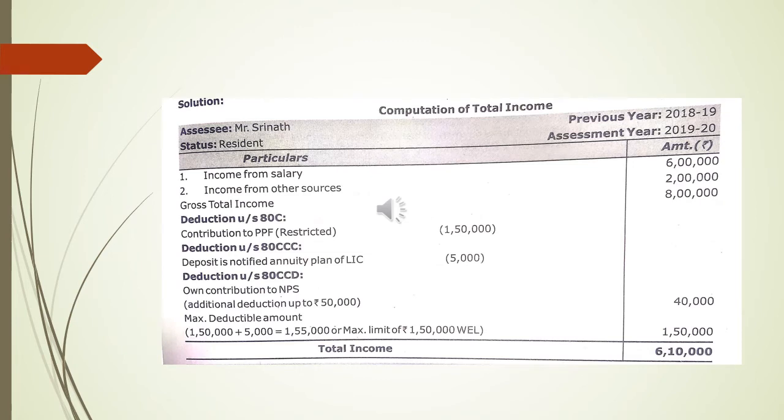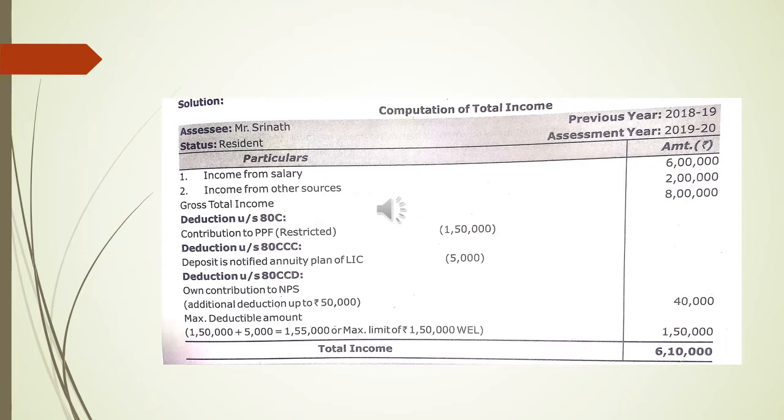You should remember that we have to first calculate what is his total income, with the application of sections. It is given income from salary is 6 lakhs and income from other sources is 2 lakhs. So 6 plus 2, 8 lakhs becomes your gross total income.